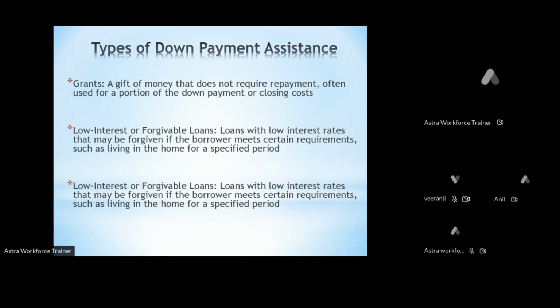Now the low interest rate or forgivable loans: the down payment assistance is given to the borrower at a very low interest rate, like 2% or 1% of the loan amount, or else it can be forgivable also. For some lenders, based on the prior history of the borrower, they will forgive that loan as well.